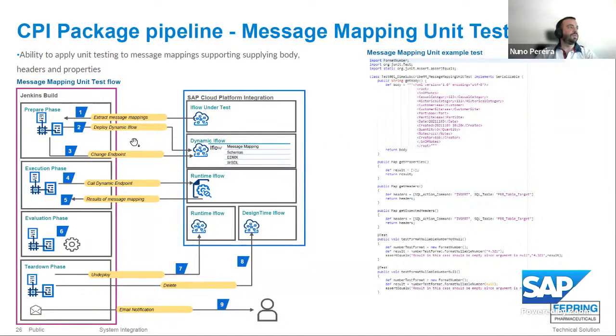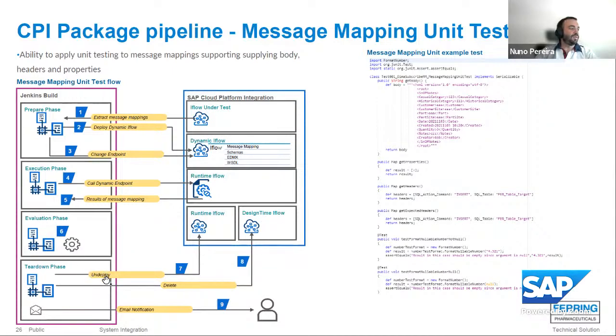We extract these message mappings from the iFlows. We deploy a dynamic iFlow with just the message mapping under test and all the dependencies, so the schemas, XSD, WSDL, and so on. This generates a unique endpoint, and we call this dynamic endpoint with the message mapping that we want to test. And we assert that the results of this execution are the ones that are expected.